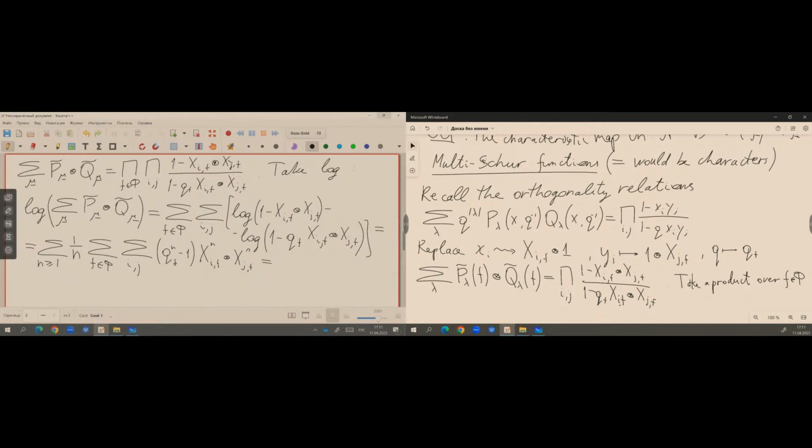So we're almost done. This is the sum over all positive integers of (q_f^n minus 1) times power sum p_n of f tensor p_n of f. Okay, this is what we wanted.